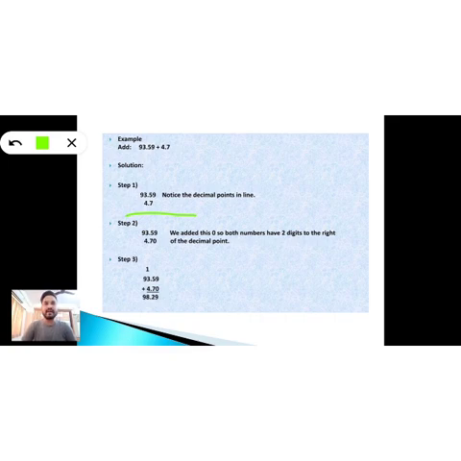Here the numbers are in vertical form and point to point. In step 2, we have to add one more zero. As we know, in one number, that is 93.59, after the decimal 2 digits are there. We want both of the numbers to have 2 digits to the right-hand side of the decimal. So we have to add 0 in 4.7.